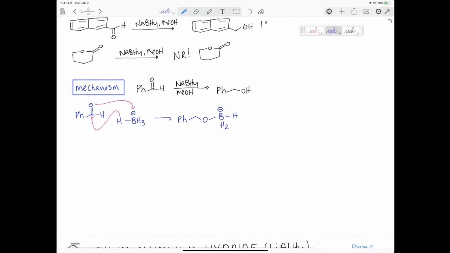Okay, and at this stage, you can either show one more equivalent of your starting material coming in. I like to show at least two for this step. Okay, to give me this here. Okay, so this is H2 with a negative charge.